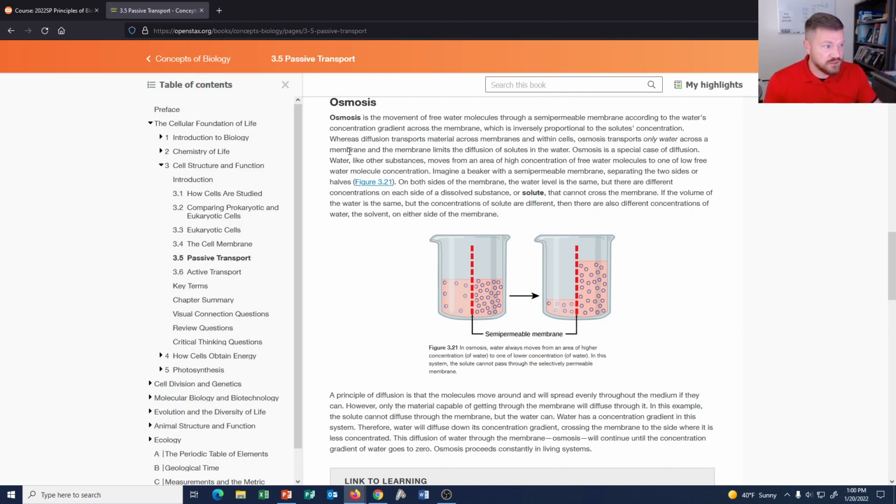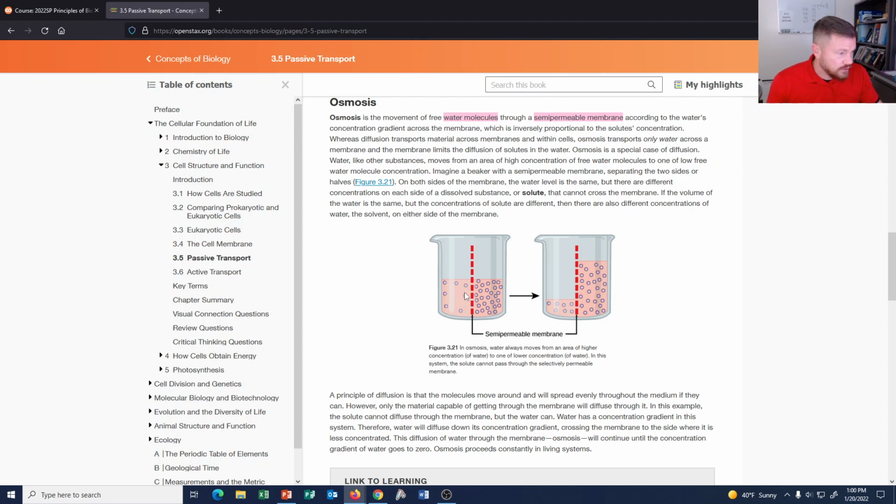It's the diffusion specifically of water across a semi-permeable membrane. And so what they're showing you here is, let's say I have a beaker, and in that beaker I have a membrane, and that membrane is permeable to water, but let's say it's not permeable to anything else, so nothing else can move across it.